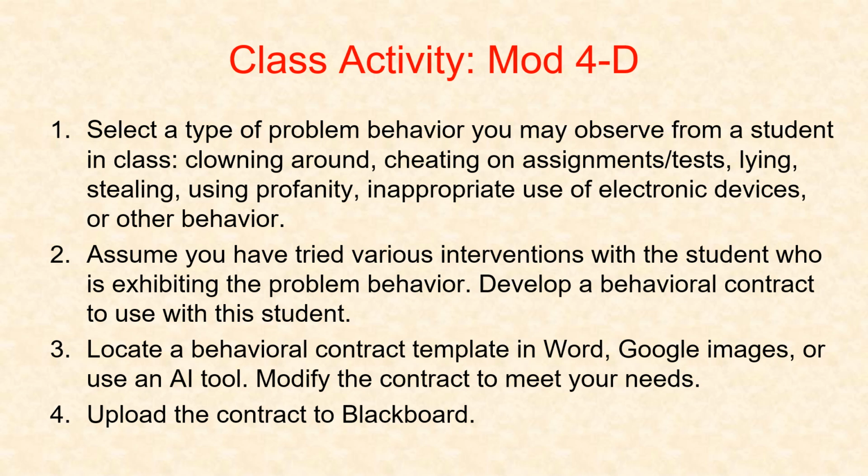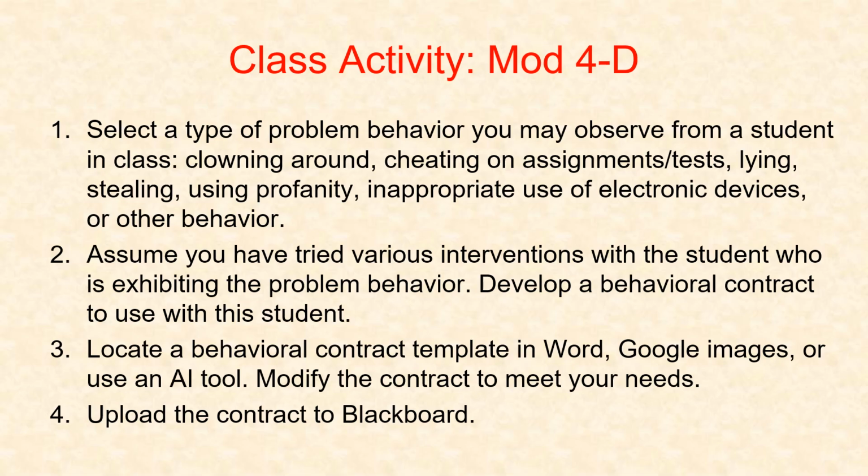To wrap up and to culminate and put into practice what we've looked at, please open up Mod 4D, the folder in Blackboard. In this class activity, start by selecting a type of problem behavior that you might observe from a student in class. Maybe it's something you have in a field experience or somewhere in your high school experience.